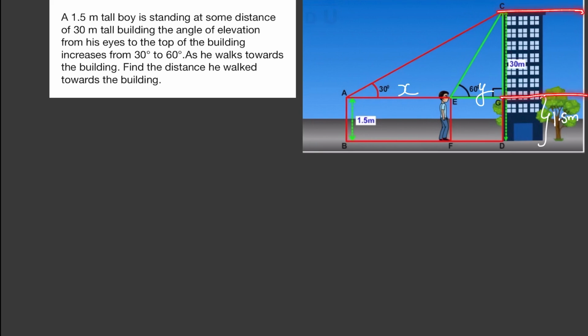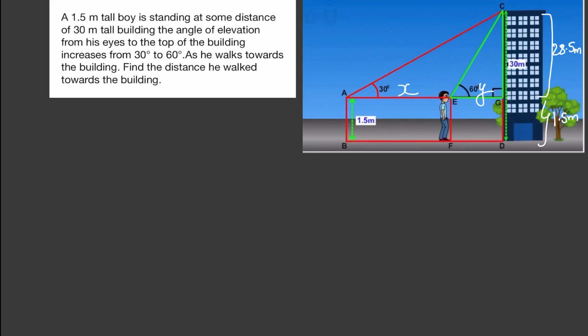So, on subtracting 1.5 from 30 meter, we will have 28.5 meters. That is nothing but the length of CG, which is 28.5 meters.